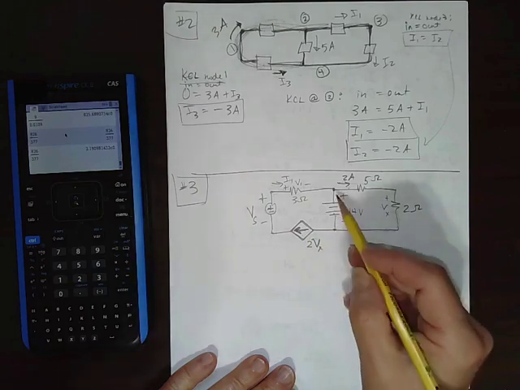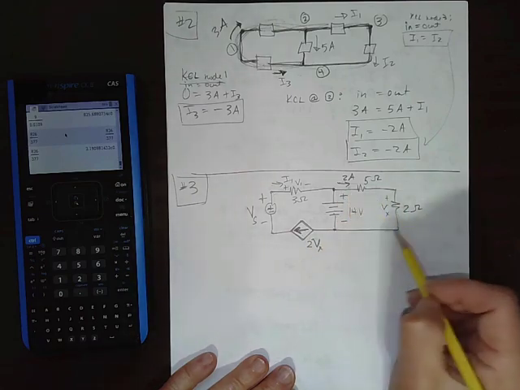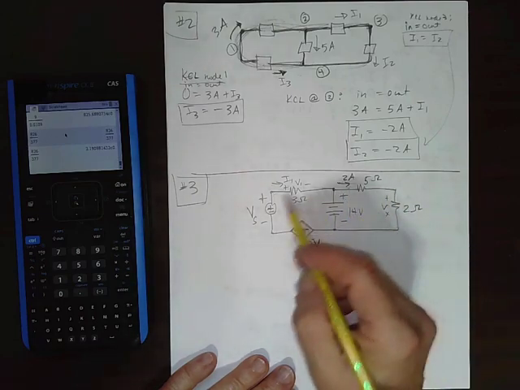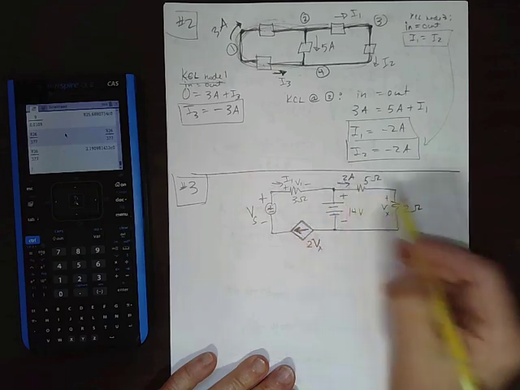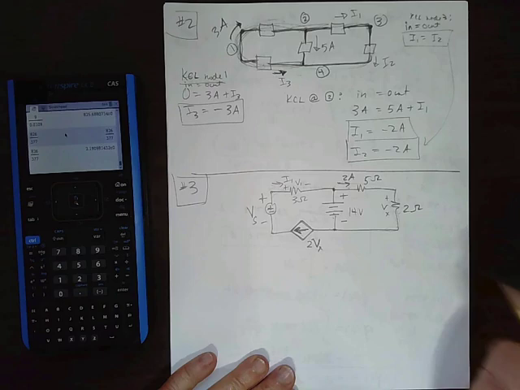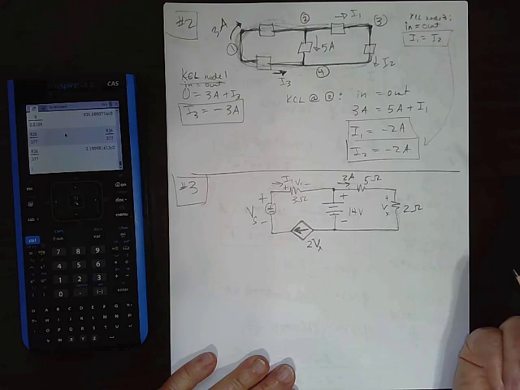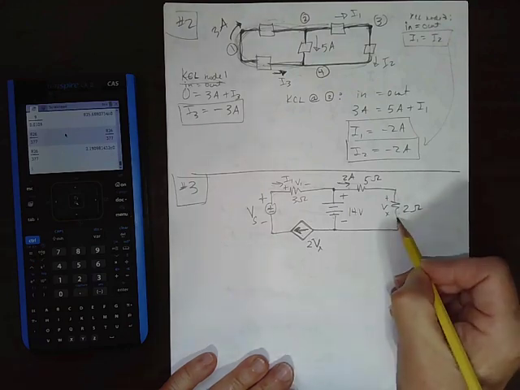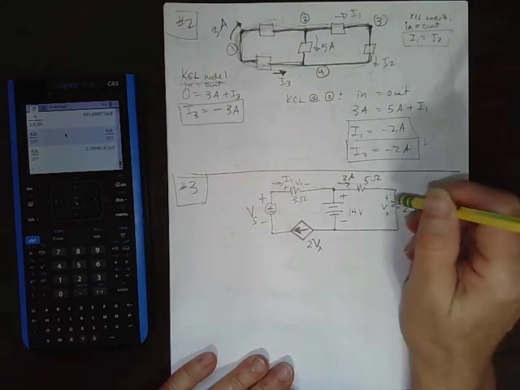This guy is not in series with anybody, he's just by himself, and then these 2 are in series. And then we've got 3 kind of parallel branches, one with 1 element, one with 2 elements, one with 3 elements.